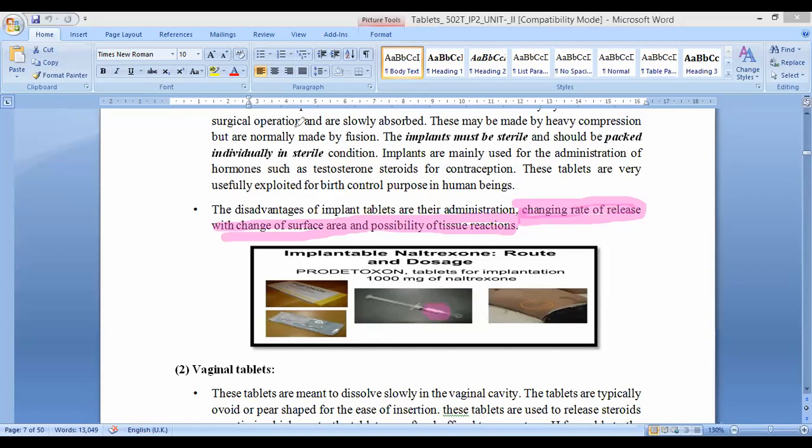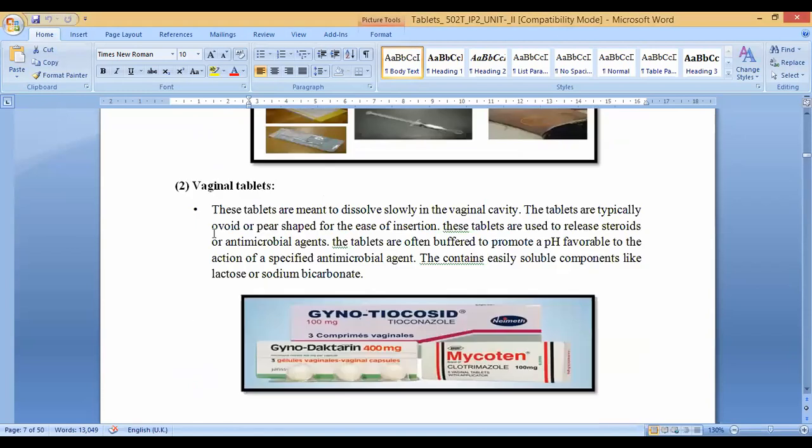Then the second type of tablets given by other routes includes vaginal tablets. These tablets are meant to dissolve slowly in the vaginal cavity. The tablets are typically oval or pear shaped, for easy insertion into the vagina. These tablets are used to release steroids or other medicinal agents such as antimicrobial agents.